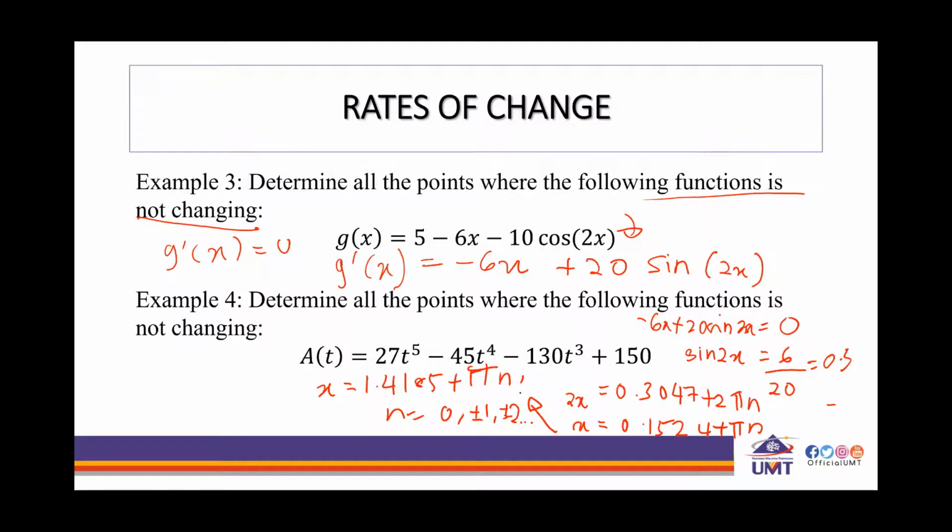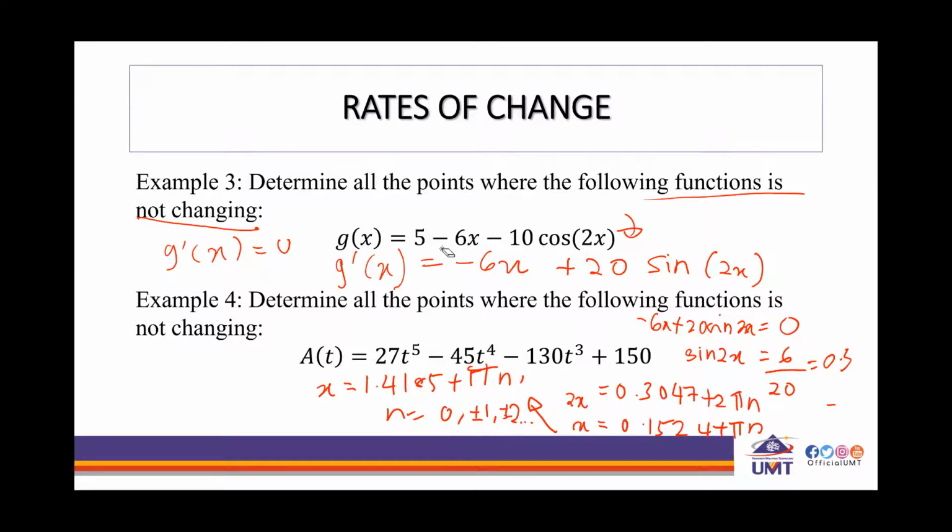So that's the answer. The question asks for the points where the following function is not changing. You find the differentiation of the function, set it equal to 0, and then find x. That is the point where the function is not changing.